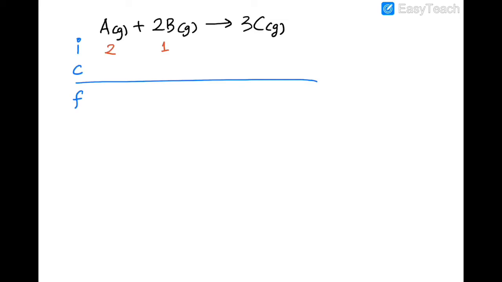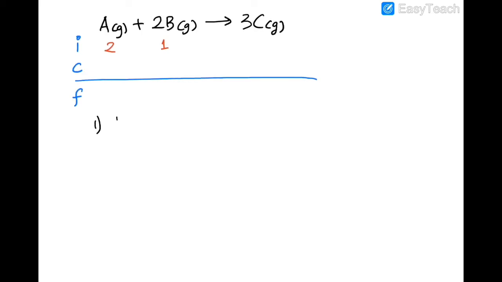Because we don't have the stoichiometric ratio of A and B, we are going to first determine what we call the limiting reactant.